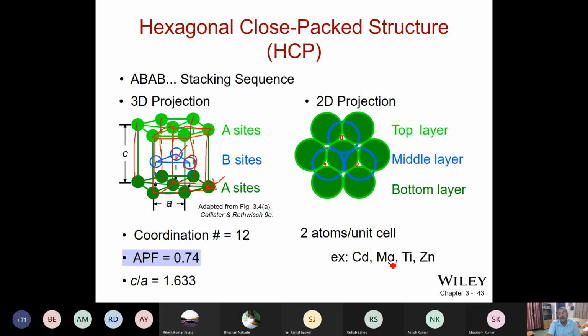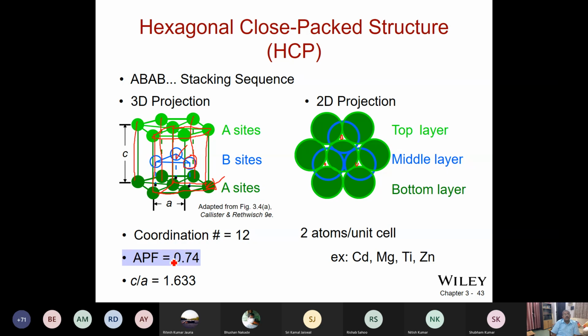Metals like cadmium, magnesium, titanium, zinc have a close packed structure. Coordination number 12, just like FCC. For the ideal C by A ratio of 1.633, you have to calculate all these things for me as homework. For that C by A ratio, the atomic packing factor is 0.74, same as face-centered cubic. But here I am raising a question which I will answer next week.